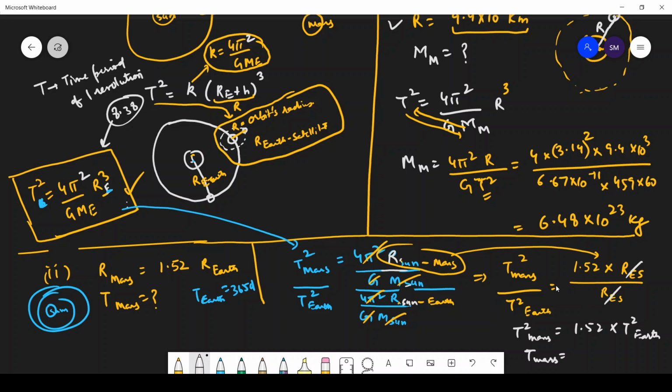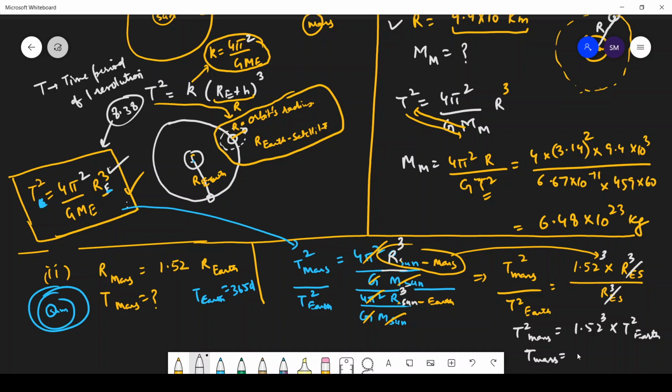This is supposed to be R cube, 1.52 cube. Yes, this formula has a cube over here, so we have again forgotten this cube. So these cubes cancel out, but this cube will remain, because this is R cube. So 1.52 into R whole cube, and the cube will be with both.